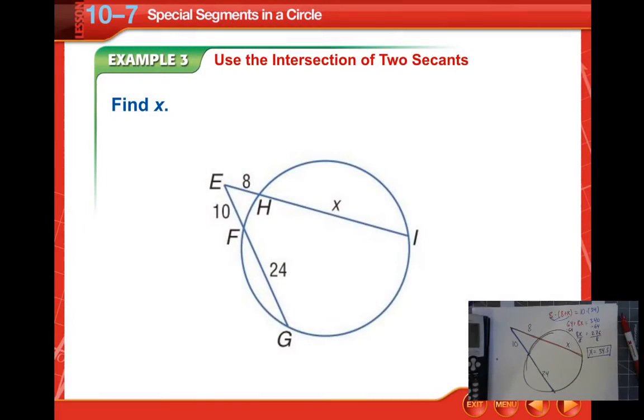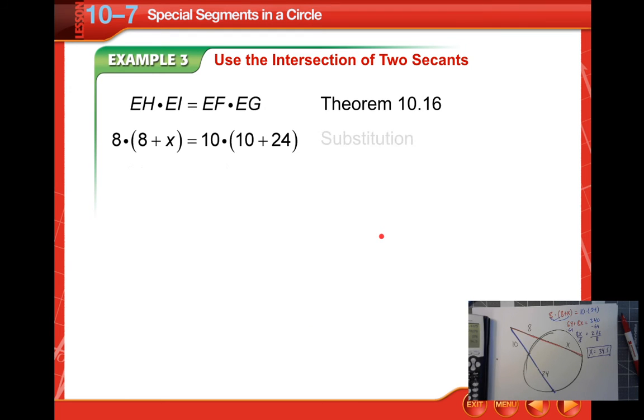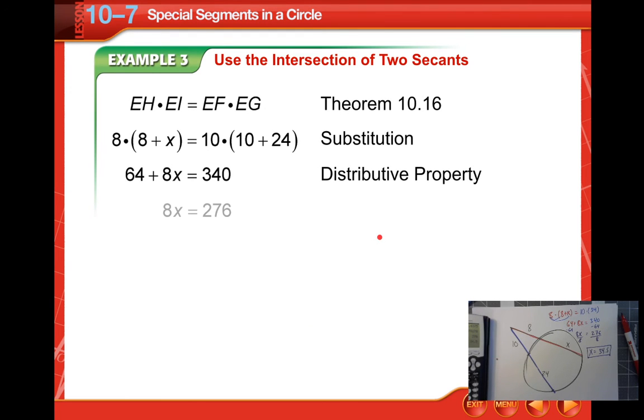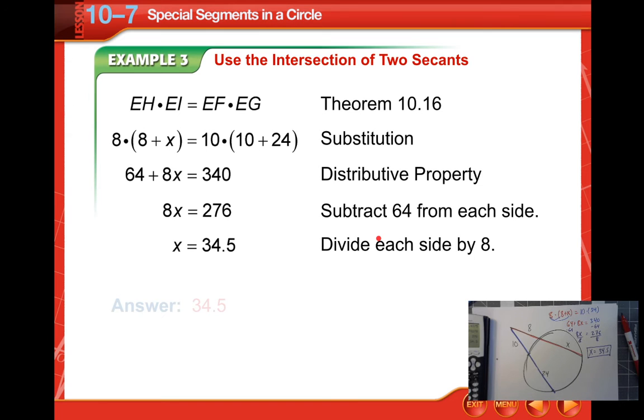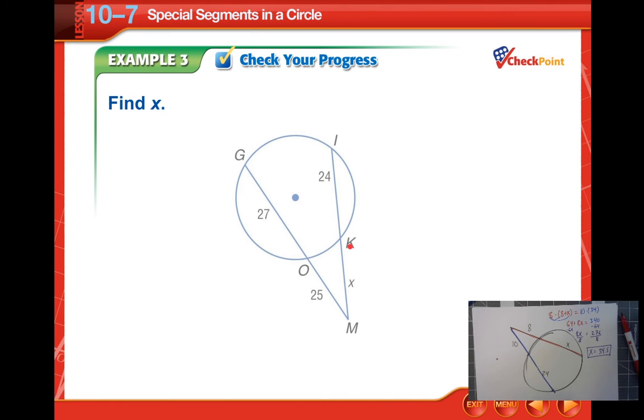Let's look back at the notes and see if we got that one right. Okay. That's what we had. 34.5. Perfect. 34.5. You can see how we did that. We had those two pieces multiplied together, solve the problem. So try this one on your own.